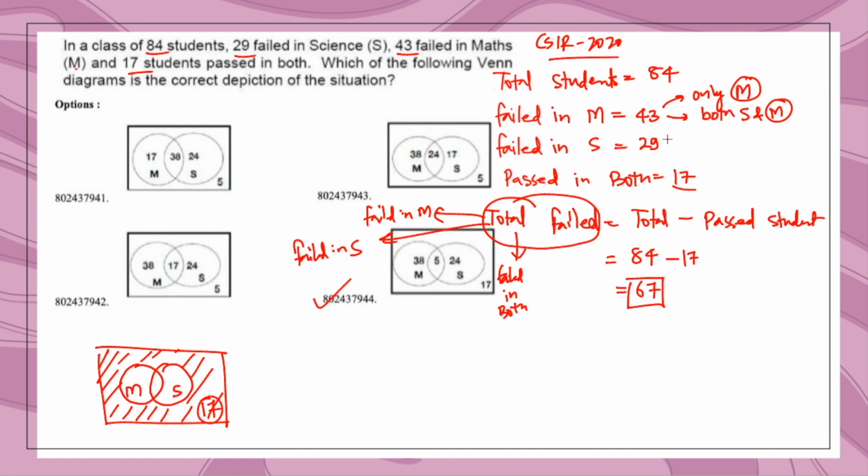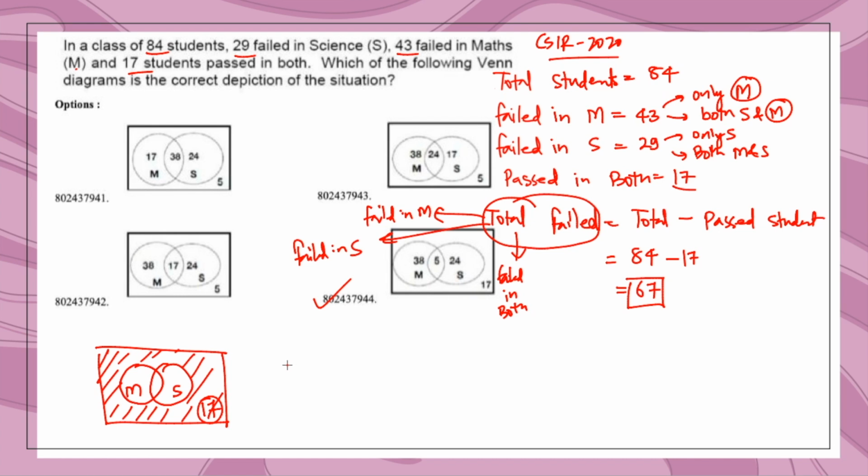The same goes for this 29: those who failed only in science, and also those who failed in both maths and science. So now we know that 67 students are the total failed students.